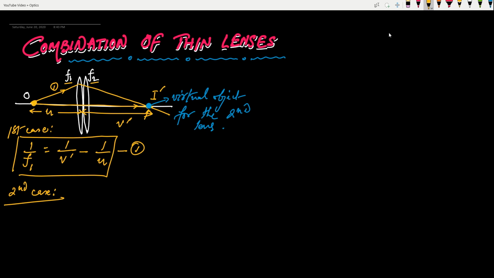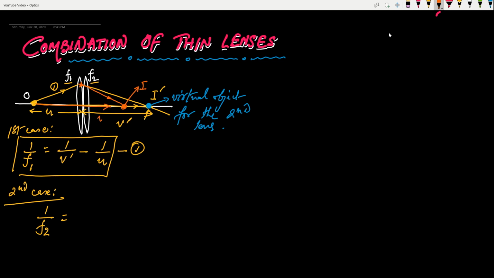Therefore, if we apply Lens formula for the second case, we get 1 by f2 is equal to, now if I take another color, because this ray, the orange one, will go here and will refract again and converge more because the second lens is also a converging lens, that is a convex lens, and the final image will be produced here. Because this is our second ray, we got the final image to be here.